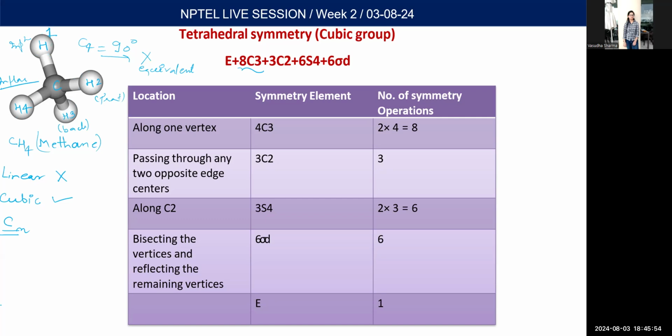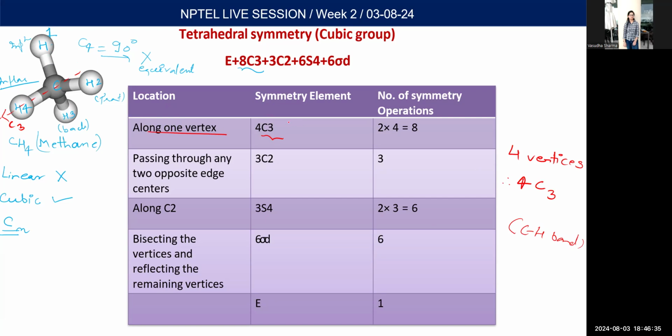If I have a C3 passing through one C–H bond, you will see that all the other three hydrogens are rotated by 120 degrees, giving an equivalent conformation.